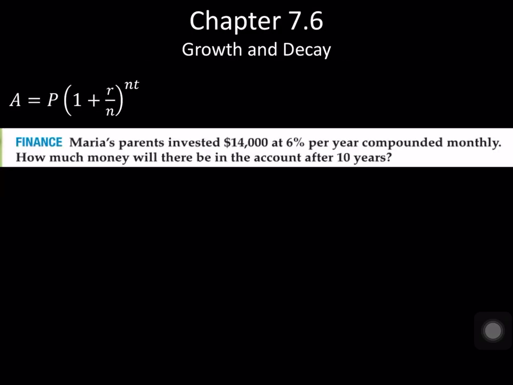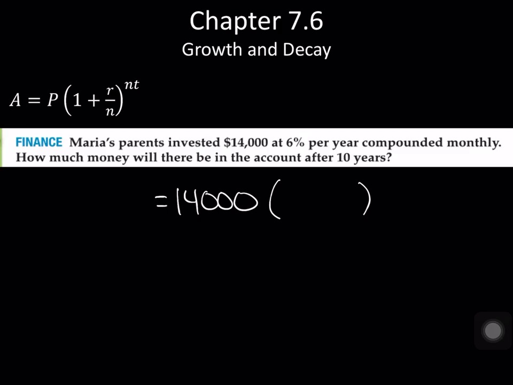Let's look at an example, okay? Maria's parents invested $14,000. Now that's an investment. That's a principal amount. So there's our $14,000, okay? At 6% compounded monthly.